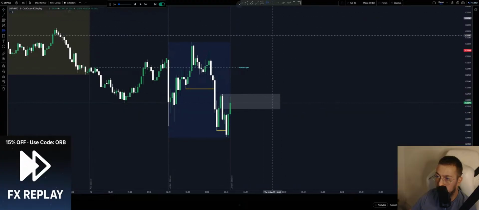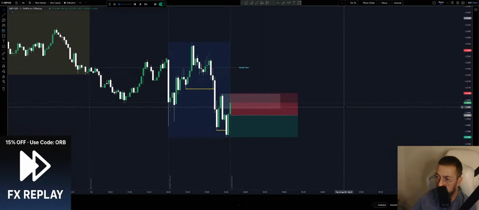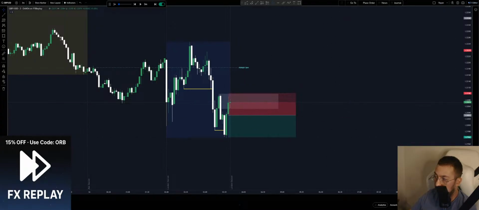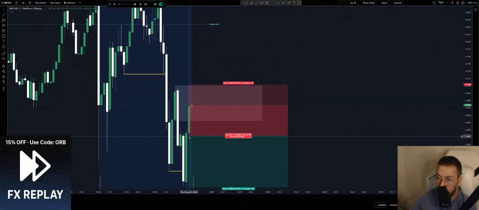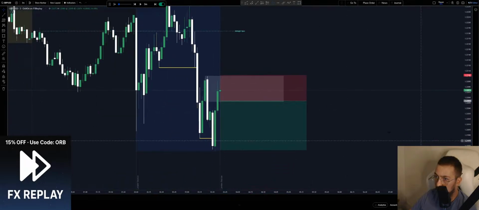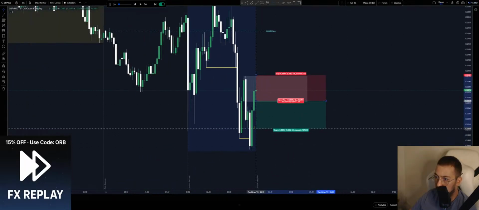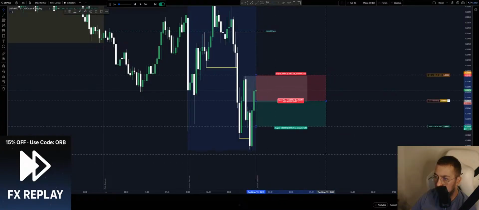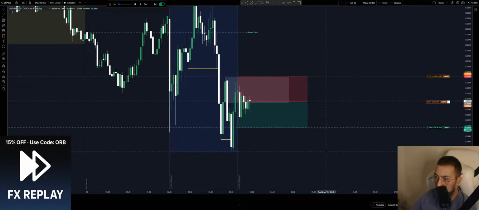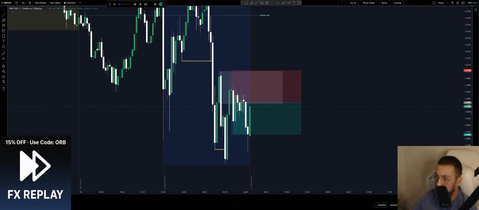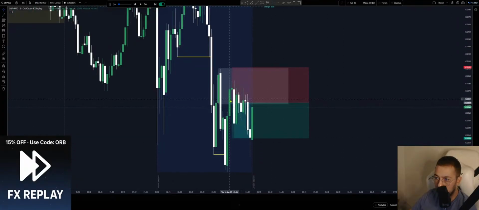The price retested. Let's see if it breaks that level. It failed to break that low. Then our stop order is going to be here at this low, going for 1-to-1, and TP hit. Okay, the price executed our order, 1-to-1R.